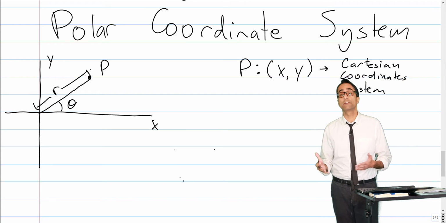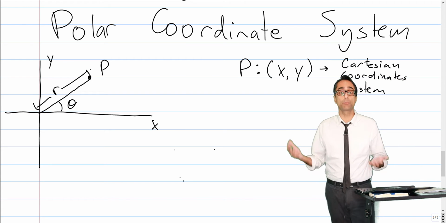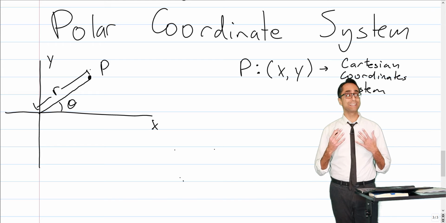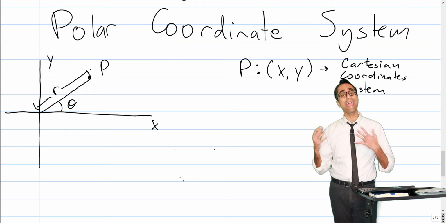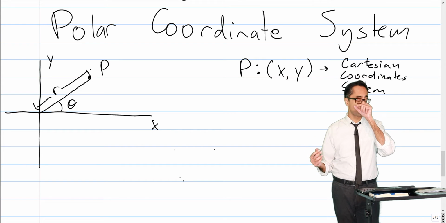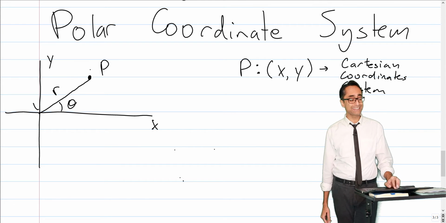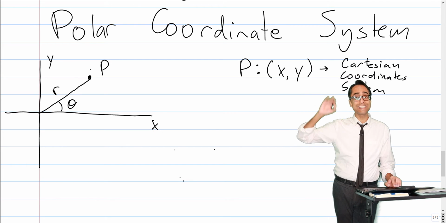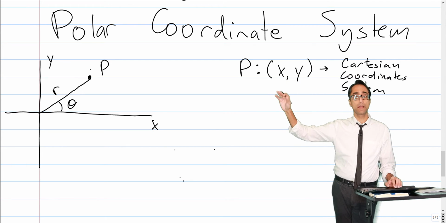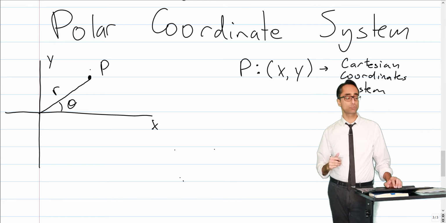We're using R here for radius, but for right now, it's just a point, right? It's just the distance between the origin of our coordinate system and the point we're looking for. And theta is the angle between the line that connects the center to P and the positive x coordinate system.